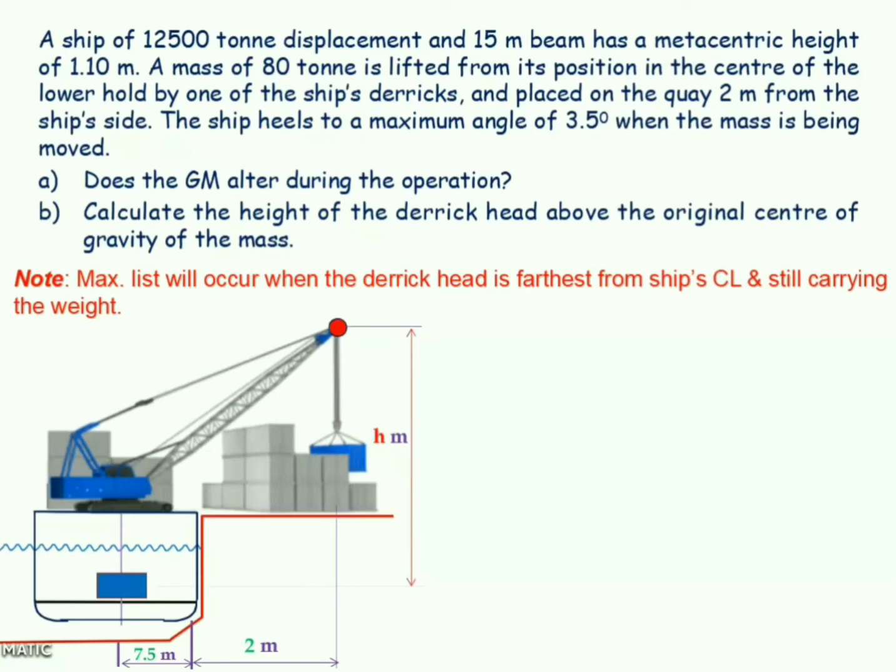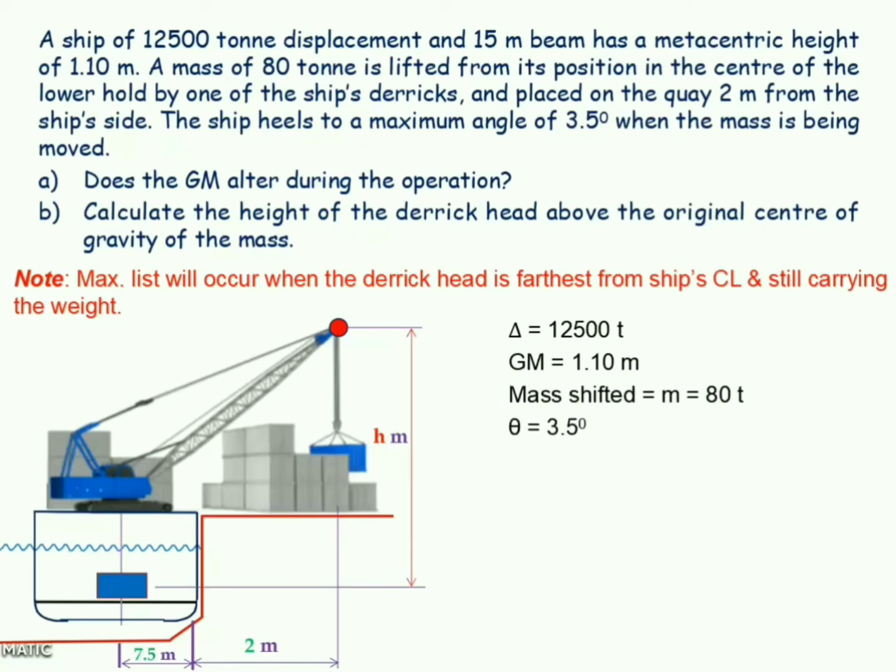Right here again, we will first write all of the data provided to us. Ship's displacement delta is equal to 12,500 ton, GM, that is metacentric height, 1.10 meters, magnitude of mass being shifted is equal to 80 ton, maximum angle of heel is equal to 3.5 degrees.